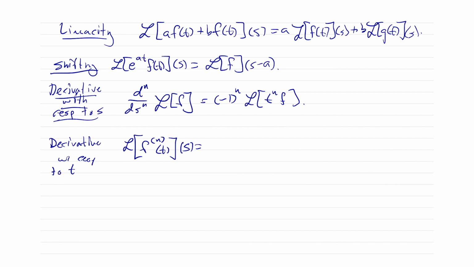Well, I get s^n times the Laplace transform of f at s, minus s^(n-1) times f at 0, and then minus s^(n-2) times f prime at 0, and etc., all the way until we get to the (n-1)th derivative of f at 0.